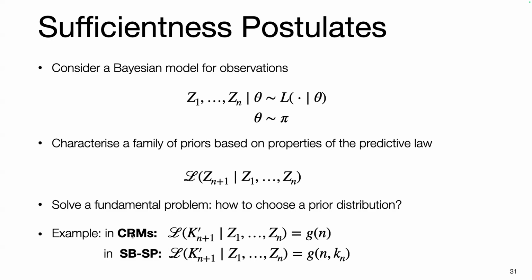In particular, we have seen that for completely random measures, the law of K'_{n+1} depends only on the sample size, while in the stable beta scale process, this depends also on the number of distinct features displayed in the sample. So what we want to do is to characterize which prior leads to this kind of predictive behavior.